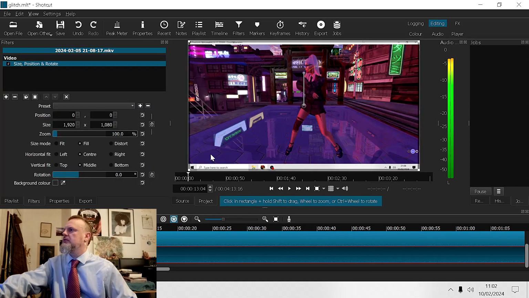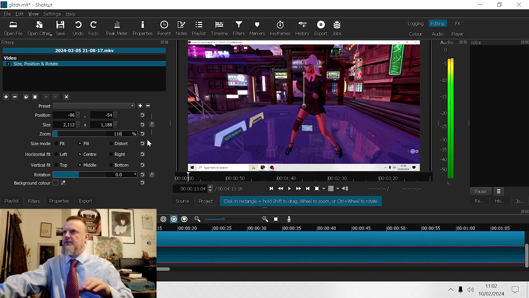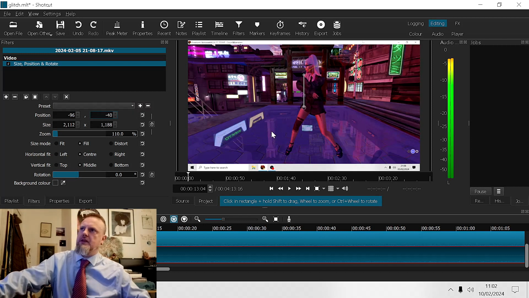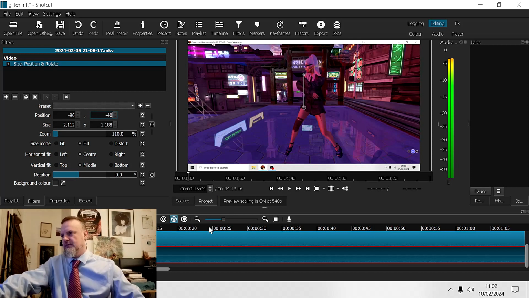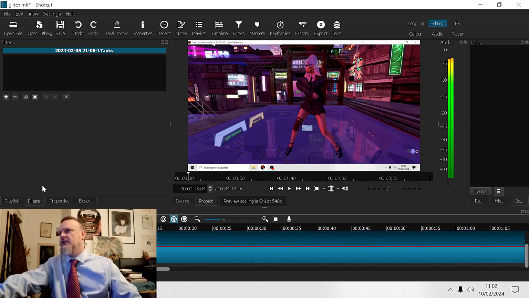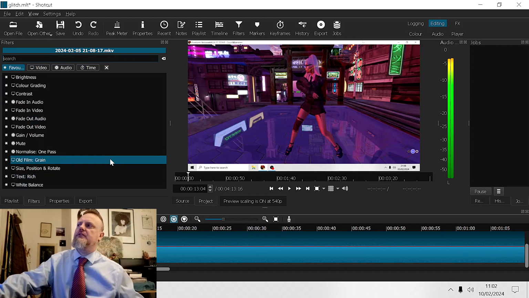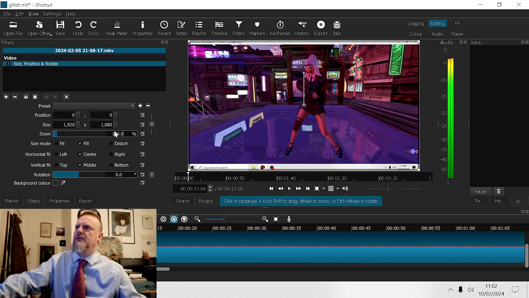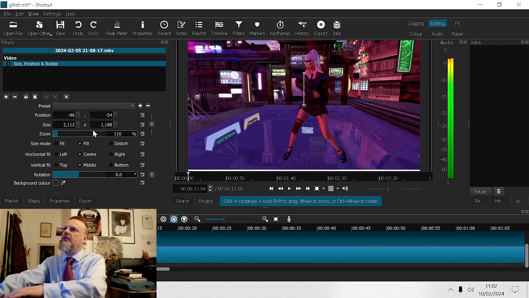So, size, position, rotate 110, minus 40. I can just plug these numbers straight in without looking because I've done this so many times that I know off by heart what the best numbers are to get rid of the bars at the top and bottom of the screen.